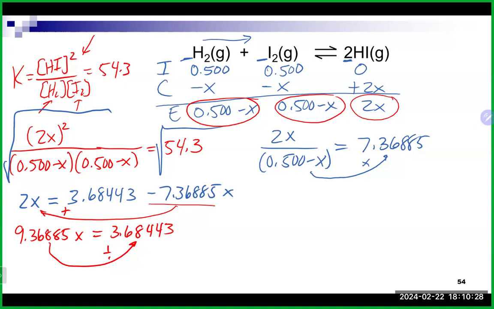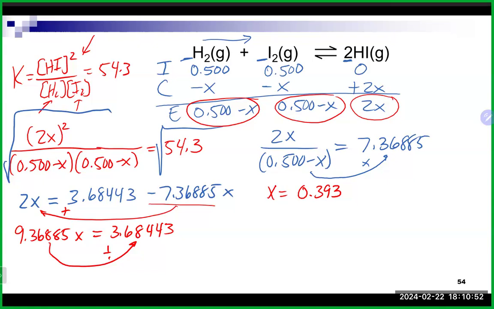And we're going to end up here, dividing by 9.36885, with an x value of 0.393 in this case. Any questions on that? In this case, that is the x value, right? So no two x values here. So that is going to be our x value.